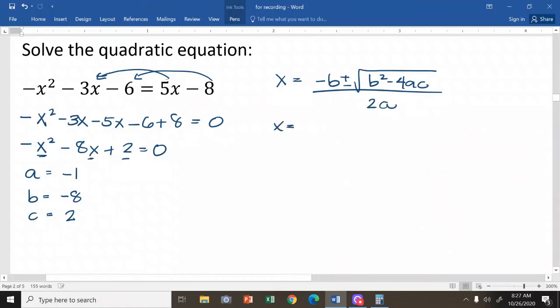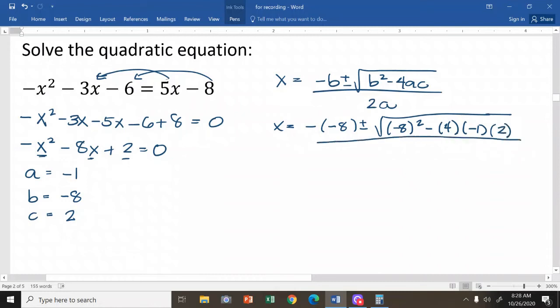Okay, so substitute na natin. So, meron tayong negative of negative 8, plus minus square root of, ang b squared natin is negative 8 squared minus 4 times a is negative 1. And then, yung ating c is positive 2. Okay. And then, everything is divided by 2a.